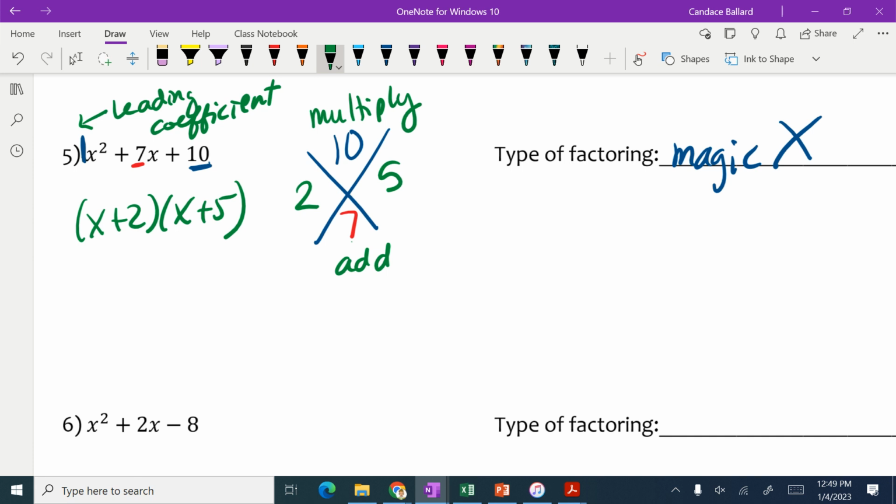You're doing number 6 right now. Okay, I want you to check it with somebody at your table, please.